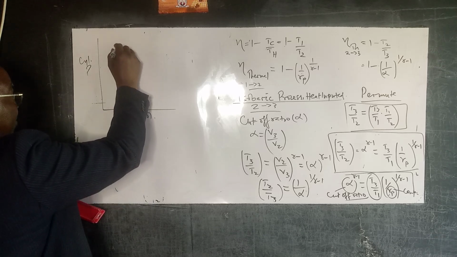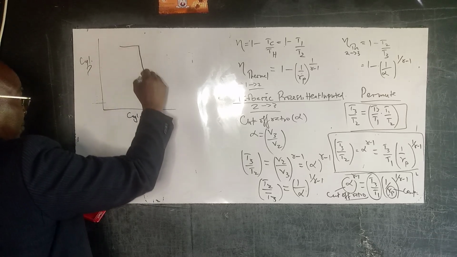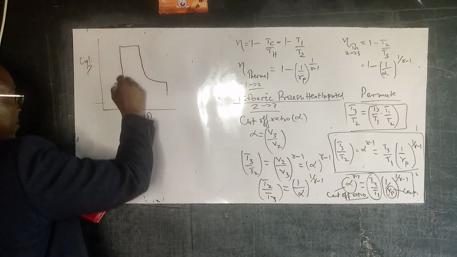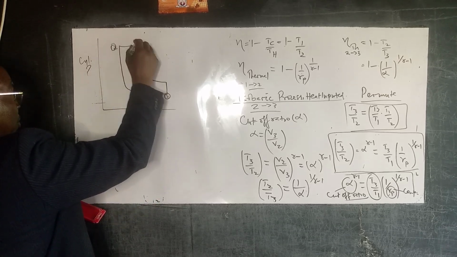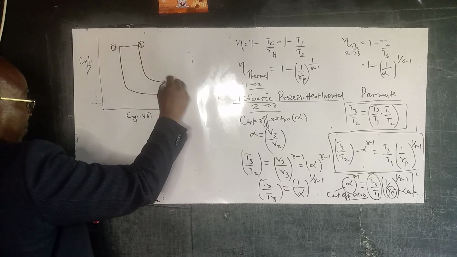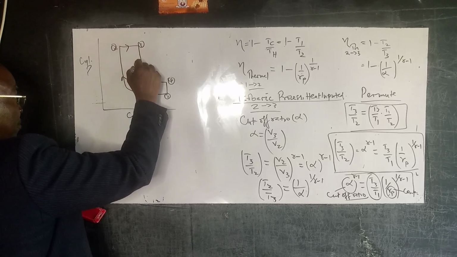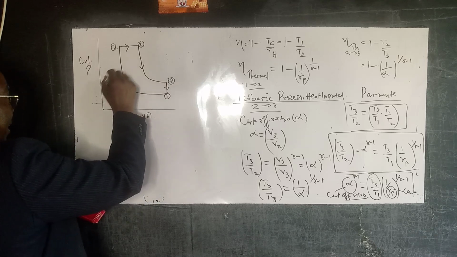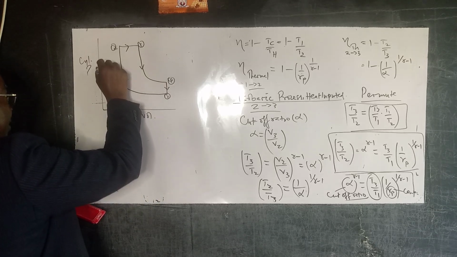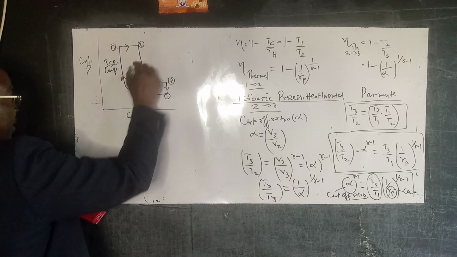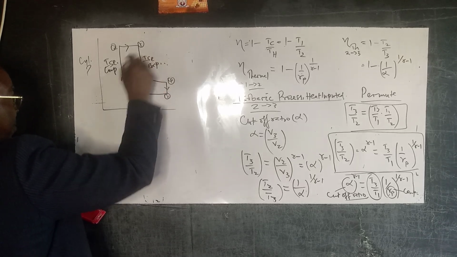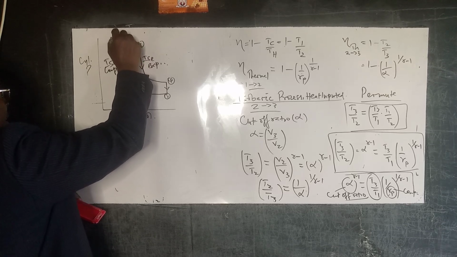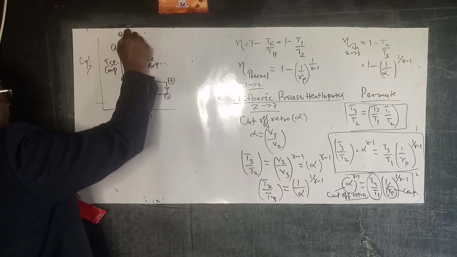And so we have our system: state point 1, state point 2, state point 3, state point 4. Remember again, I repeat, this is isentropic compression, this is isentropic expansion. This is injection of heat and also fuel injection.